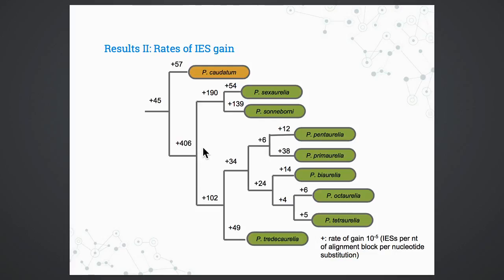But even though we assume this, we see that at some particular branches the rate is much, much higher than other branches, which means that there was a wave of insertions that happened at this particular moment. And this seems to be just after the split of caudatum from the rest of the Paramecium aurelia group, where a number of whole genome duplications happened. And then there's a secondary wave on the branch that led to sonneborni, with a much higher rate.